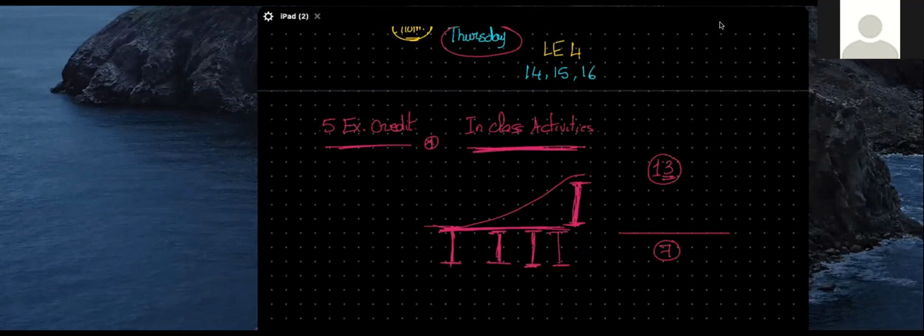So what will I do? I would be considering those 7 as the average for a full grade of 100 points. So if a person completed 7, he will be getting the 100 points. And if you completed the 13, each one of them is going to be worth 5 extra credit points.